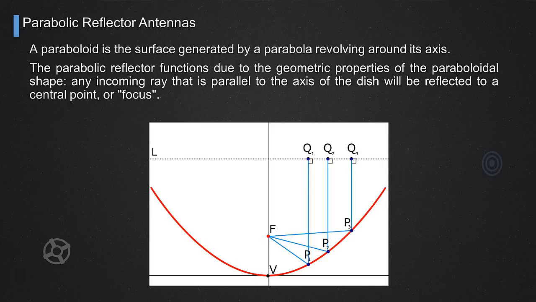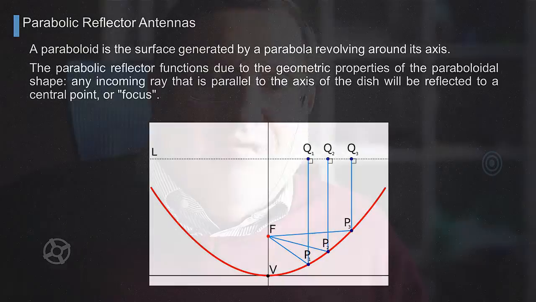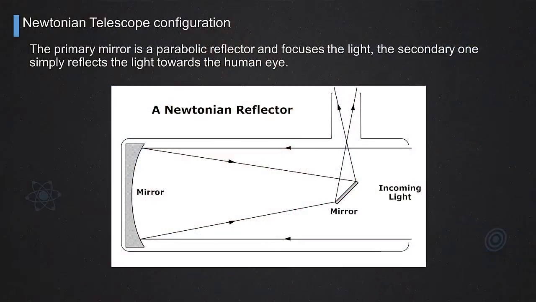At this point we can put our illuminator, in this case a receiving feed, and from that receiving feed we can make interface towards, for instance, our receiver on board the satellite or on ground. So this is the basic principle. This basic principle is the same, for instance, used in a Newtonian type of telescope.